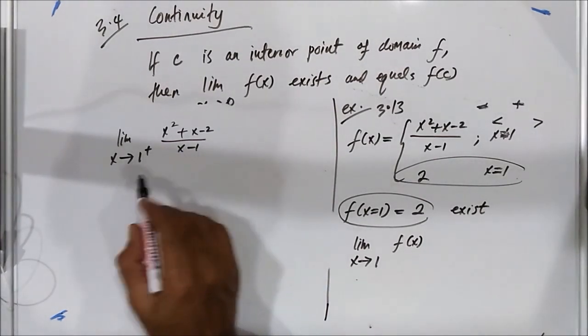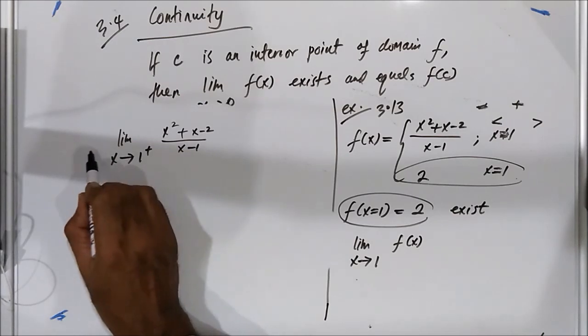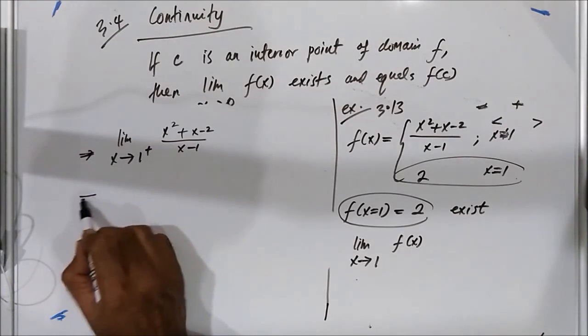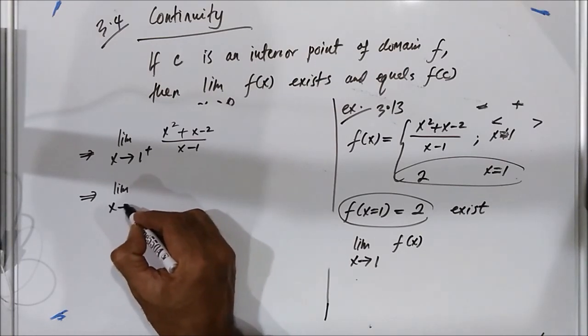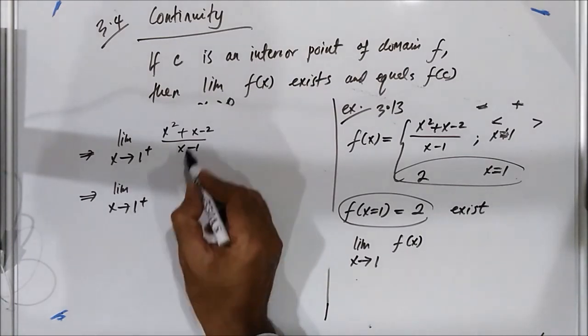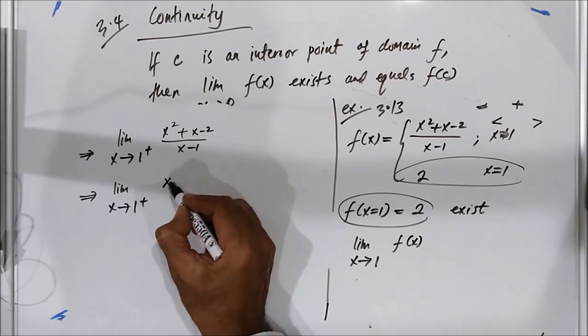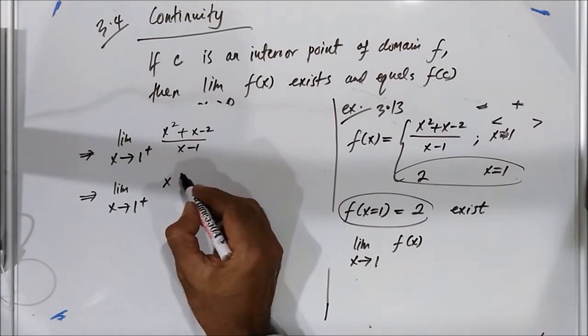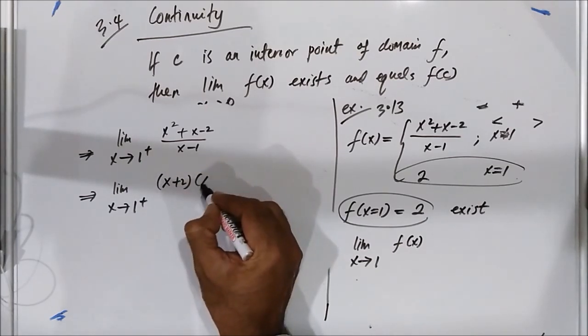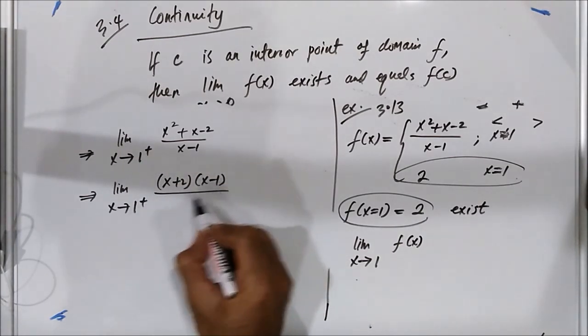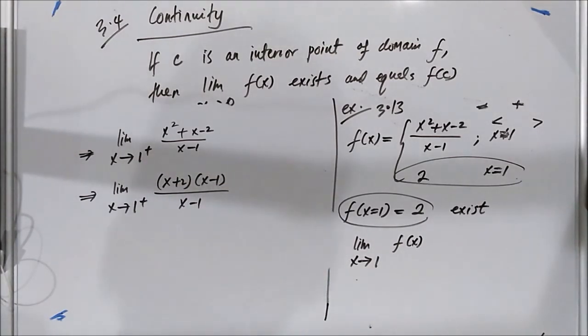Okay, this can be simplified. This can be written as the limit of x approaching 1 of (x minus 1)(x plus 2) divided by (x minus 1).